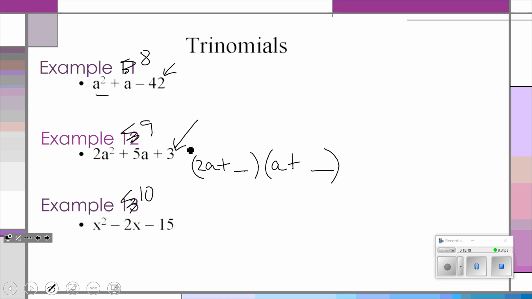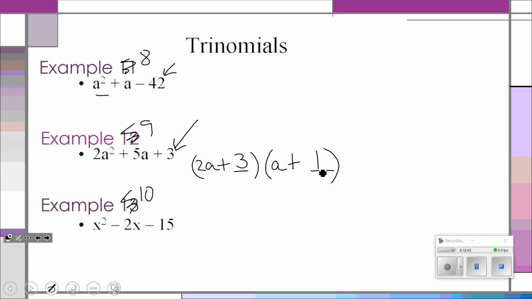So my question is what times what is 3? 3 and 1. So we know we're going to be using 3 and 1. Anybody have any thoughts as to which one goes where? Which one goes here? 3 goes here. 1 goes there. And this is a trial and error method. There's no way to figure that out. You just got to go ahead and, you know it needs to be 3 and 1, so try it.